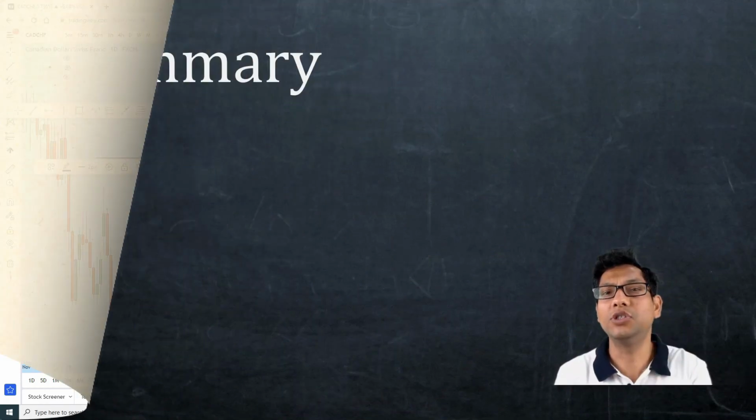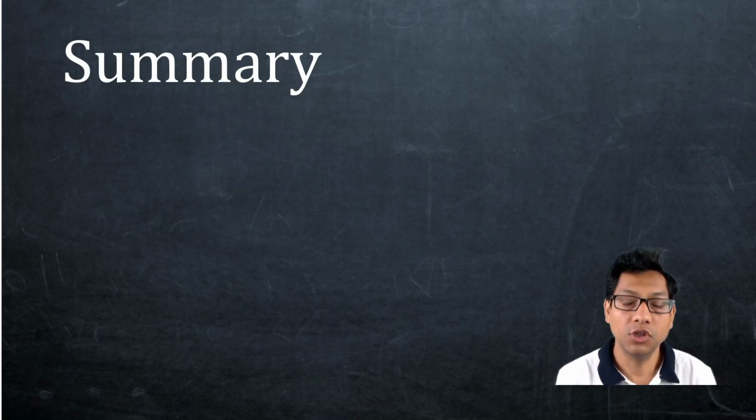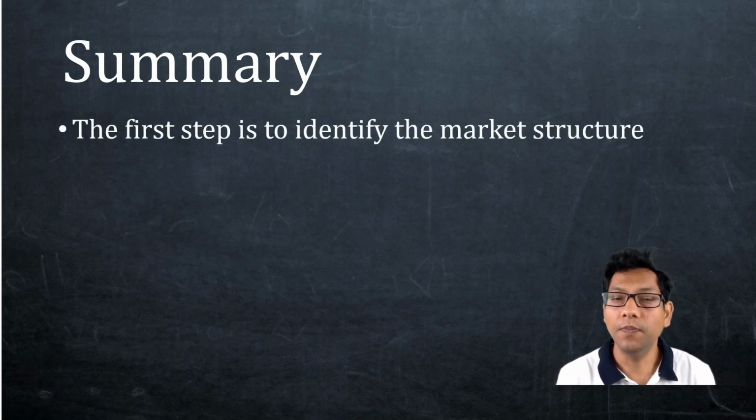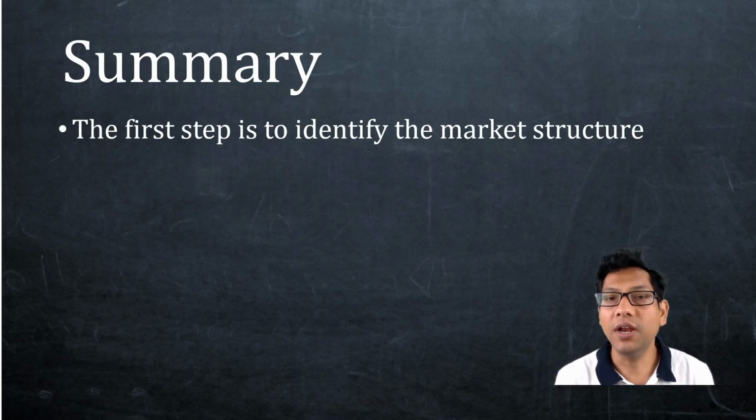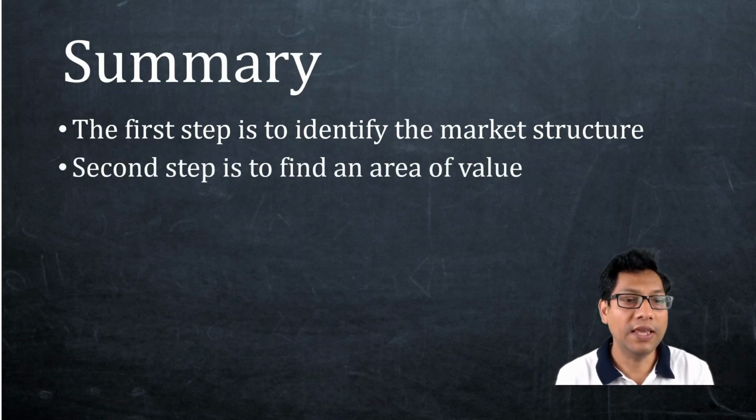Okay, so now let's do a quick summary of what we have learned so far. The first thing you have to do as a price action trader is to identify the market structure. So what is market structure? It is to find out whether the market is in an uptrend, downtrend, or in a sideways or ranging market. The second step is to find an area of value.